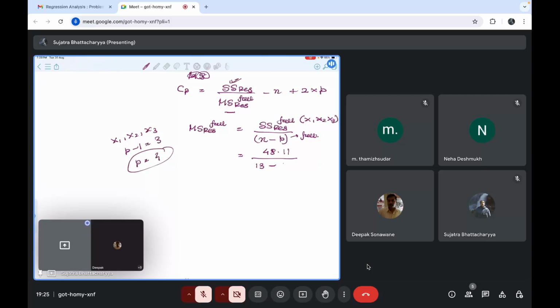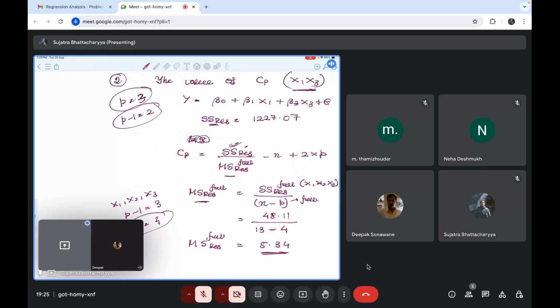Therefore, it will be 13 minus 4. Don't confuse between this full model and this SS residual. This is different. Once we do it, it comes out to be about 5.34. So MS residual for the full model is 5.34.